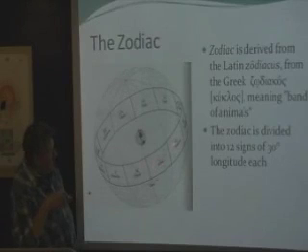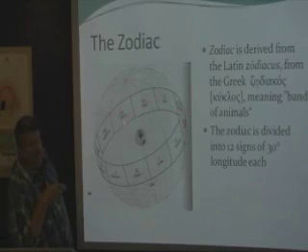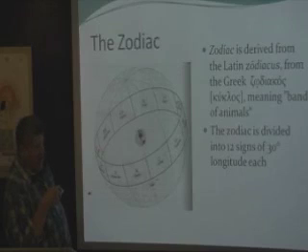We have a ram, a bull, twin male humans, a crab, a lion, a female human, a set of scales, a scorpion, a centaur, you'll find that in your local zoo, a sea goat, a man, and twin fish.